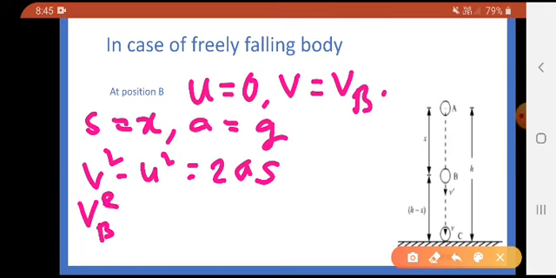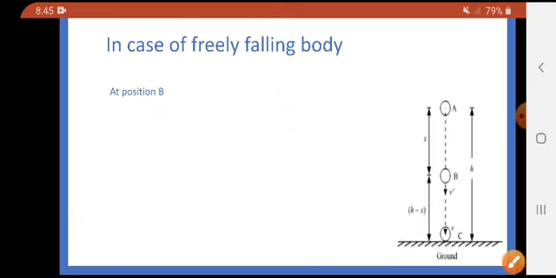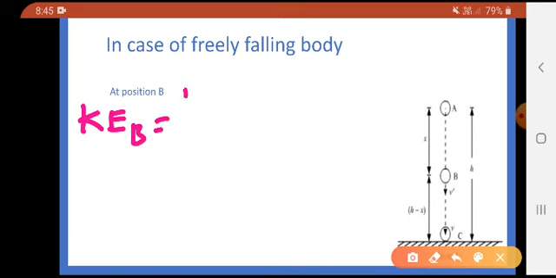This is the final velocity for us when we are studying the body at point B. So with a equal to g and s equal to x, v_B squared equals 2gx. So v_B, the velocity at B, equals square root of 2gx. So now kinetic energy at B equals half m v.